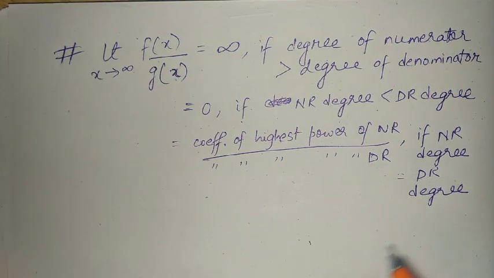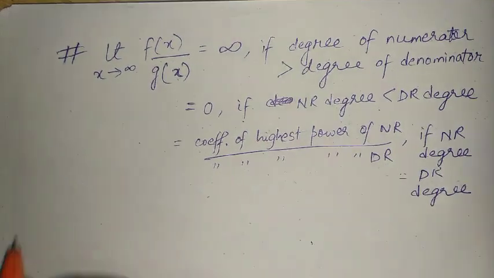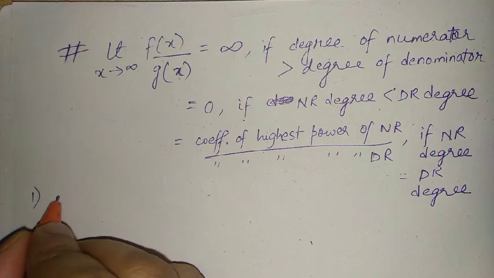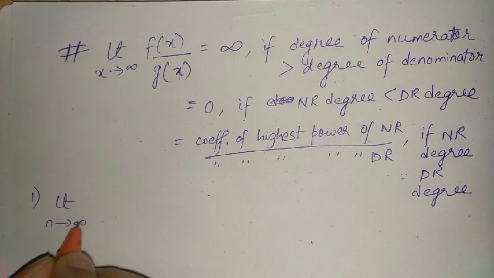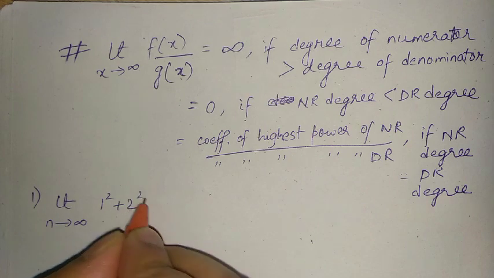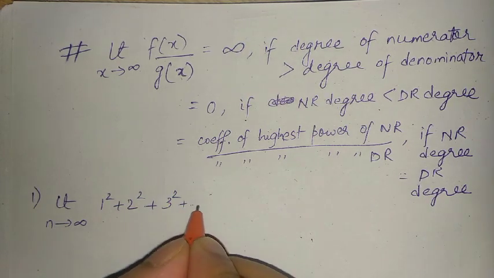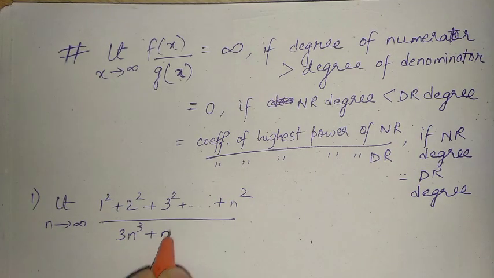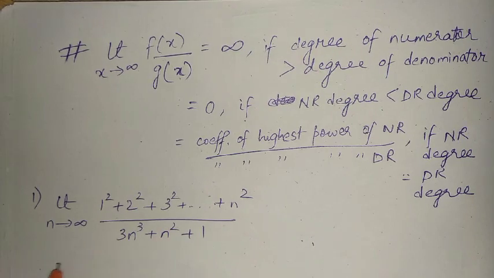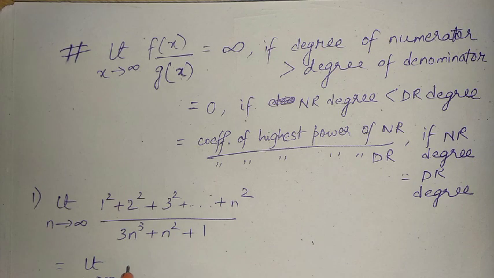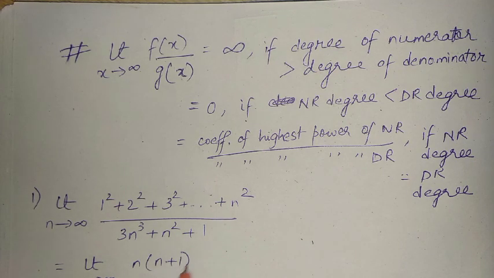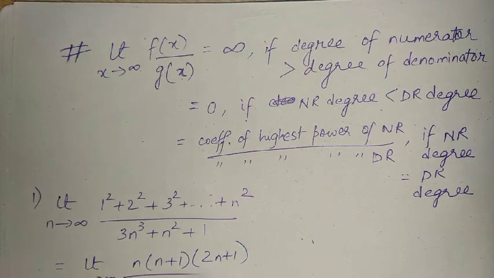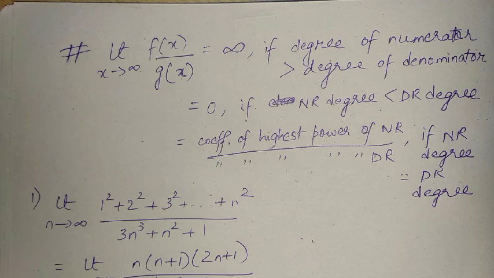Okay, so in order to get a better understanding, let us do some examples here. So the first question is this: if you know the sum of the squares formula, this can be simplified as n into n plus 1 into 2n plus 1 divided by 6, over 3n cube plus n square plus 1.